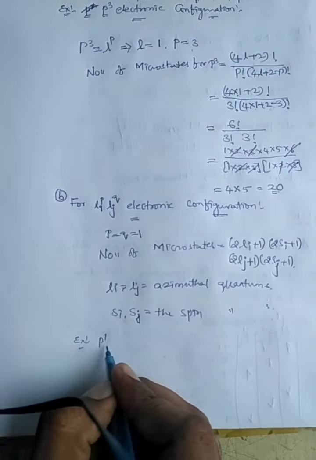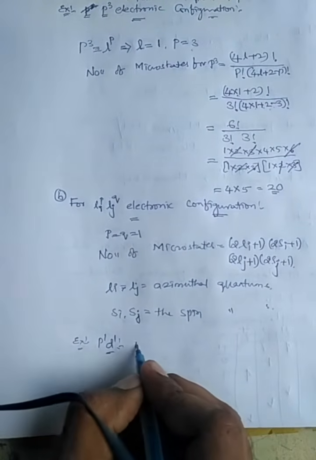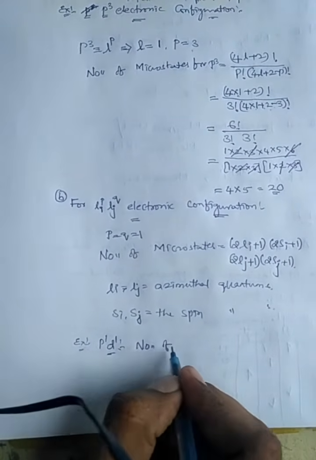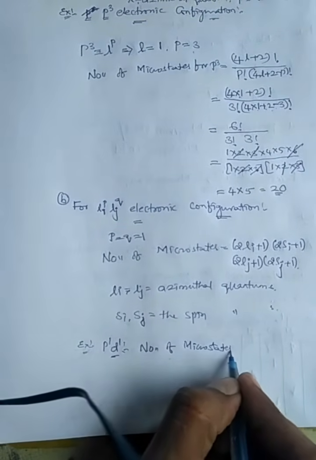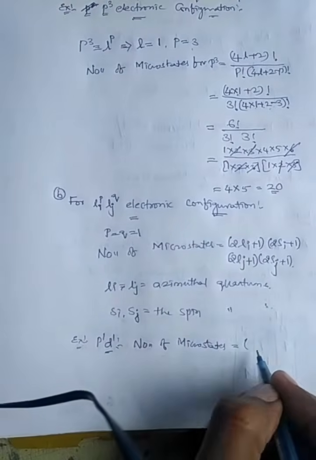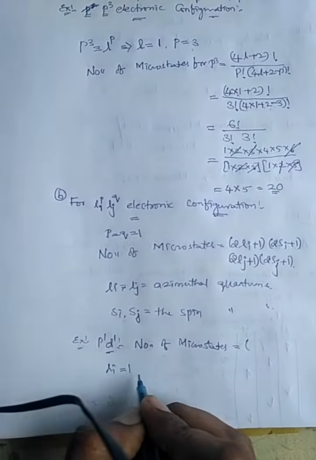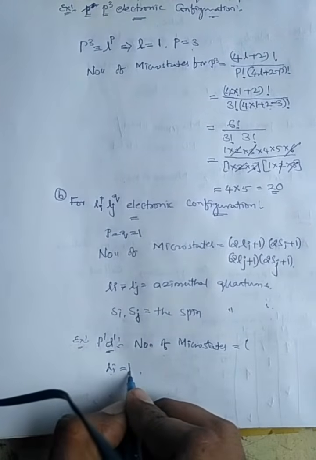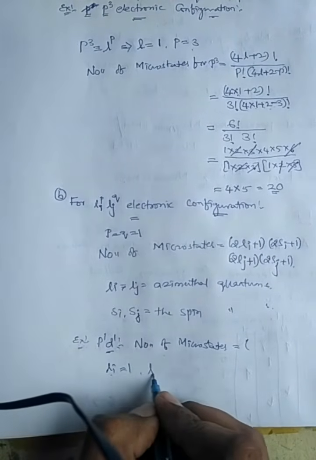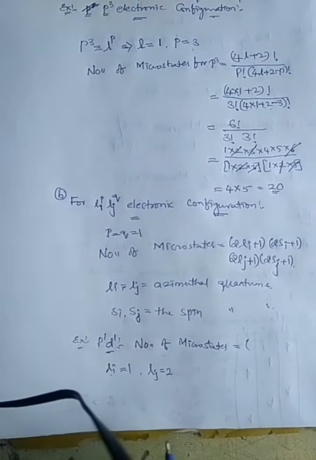Here also continuing with that, the p1 d1 electronic configuration, where the number of microstates is equal to 2Li, where it comes to the Li, Lj values we will write. Li value of p1 electronic configuration is 1. The azimuthal quantum number for the d orbital is 2, so Lj is equal to 2.